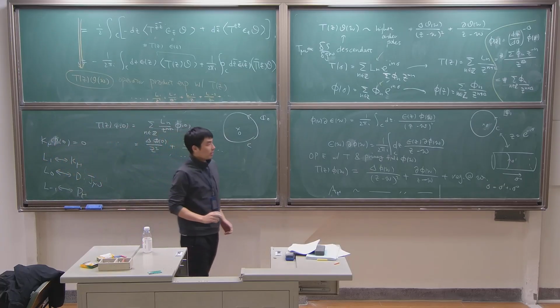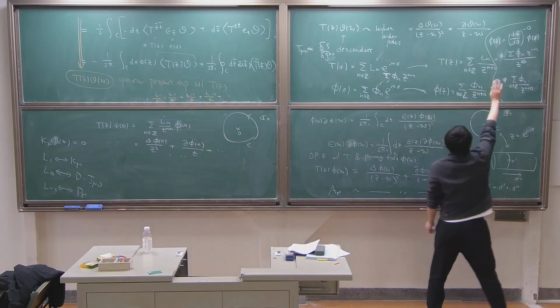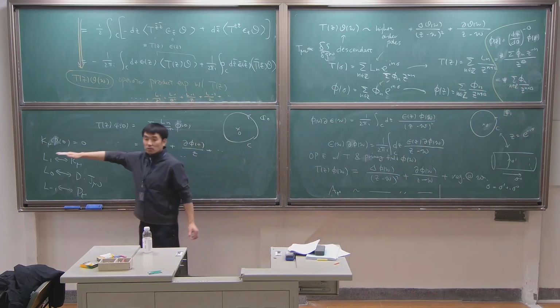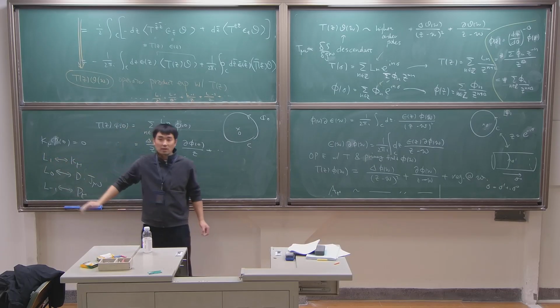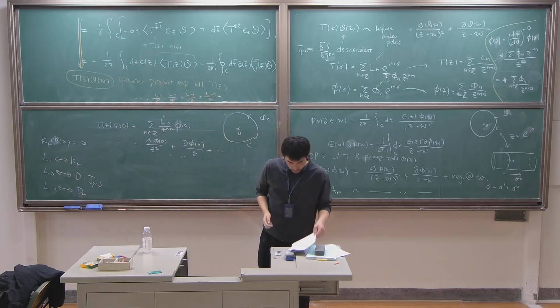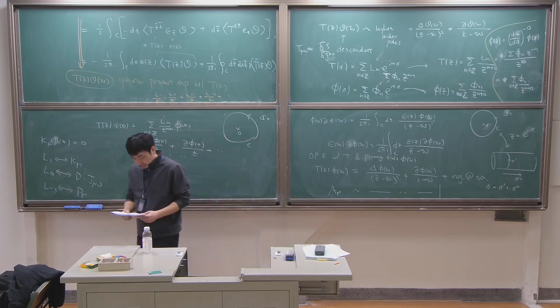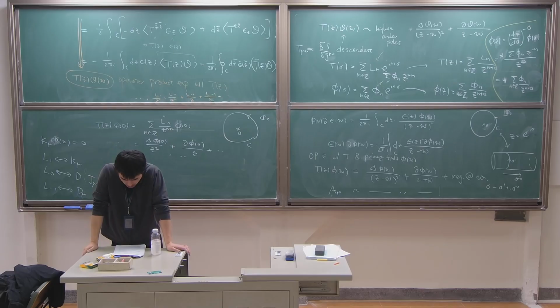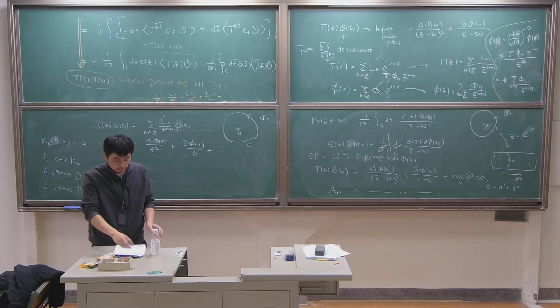That's how we define it. So this definition of a primary field is really consistent with this definition. That's what I want to say. That's the one thing I want to say. Now we still have time, so let's move on to the simplest example.